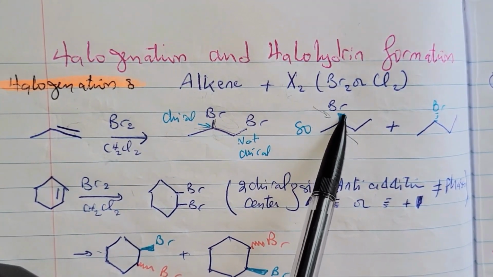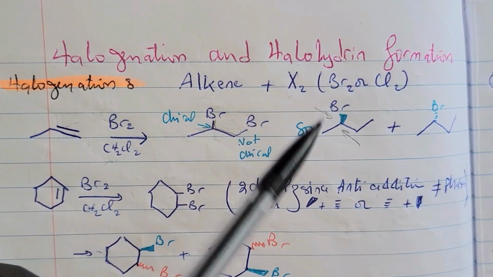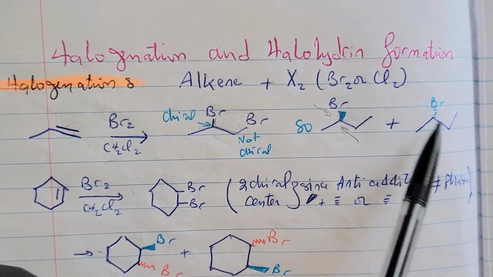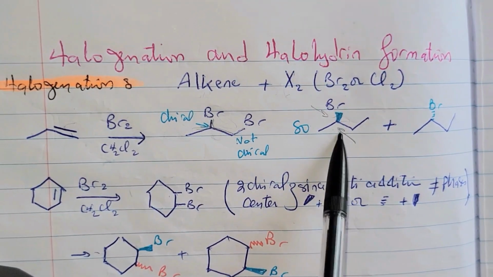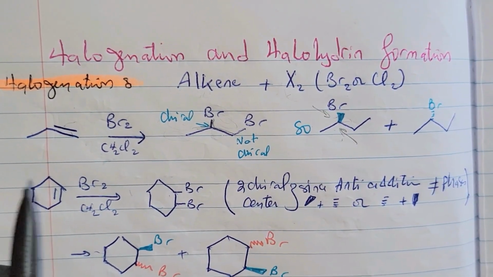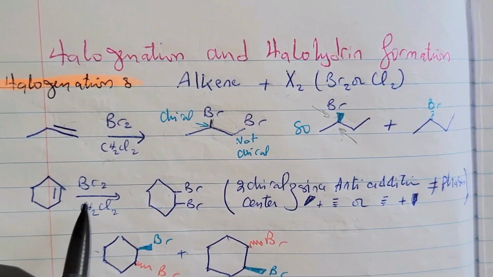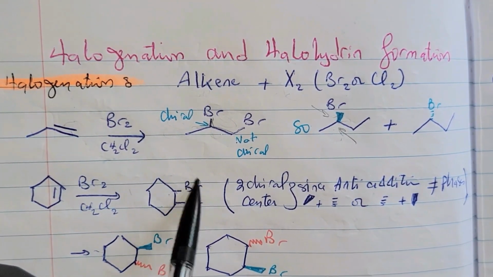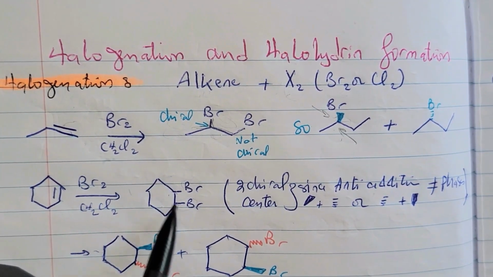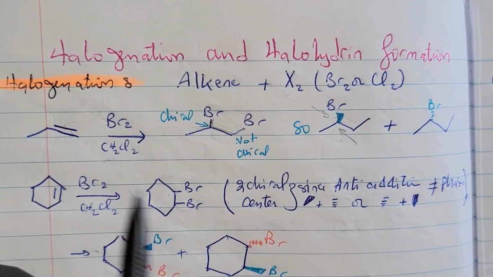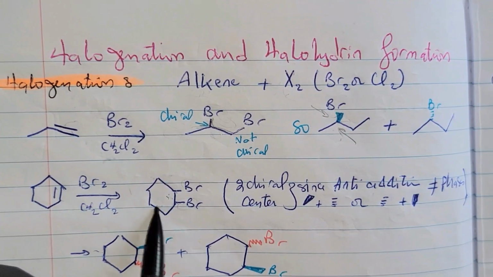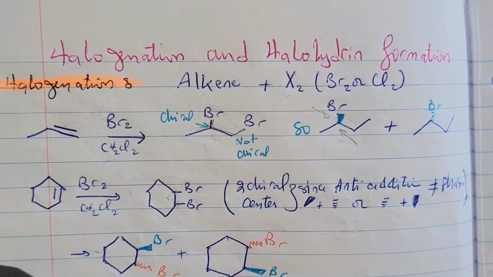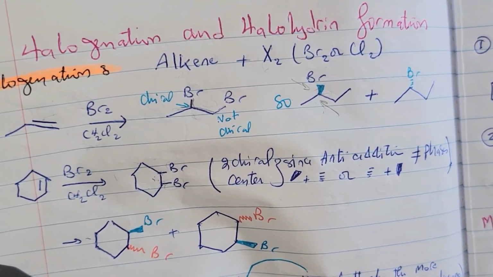So it can be going to the front of the page, or it could be going to the back of the page. We have a racemic mixture, 50%, 50%. And here we have the cyclohexene reacting with bromine, giving us two bromine atoms bonded to a cyclohexane. But here we have two options as well, since each of these carbons is chiral.